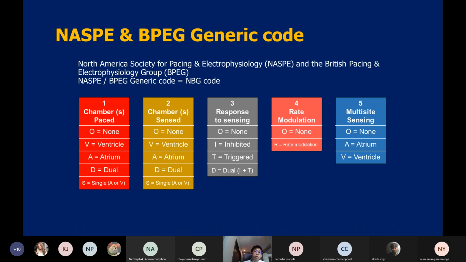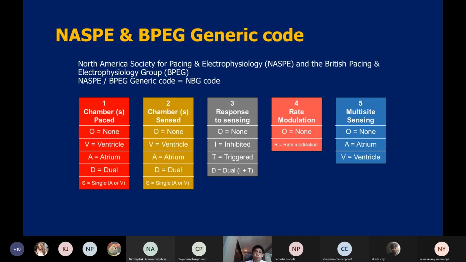You can use this code to describe how the pacemaker works, and anyone who has worked in the electrophysiology field will understand what the pacemaker can do and what chamber it is in. So this is the first thing you have to know. The code consists of 5 positions of letters.